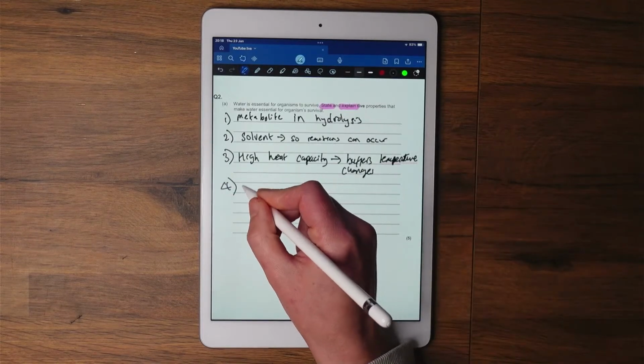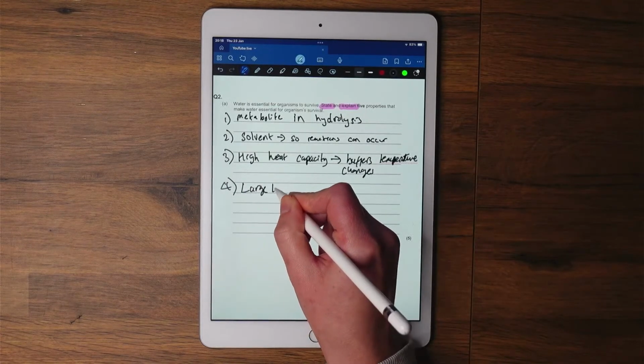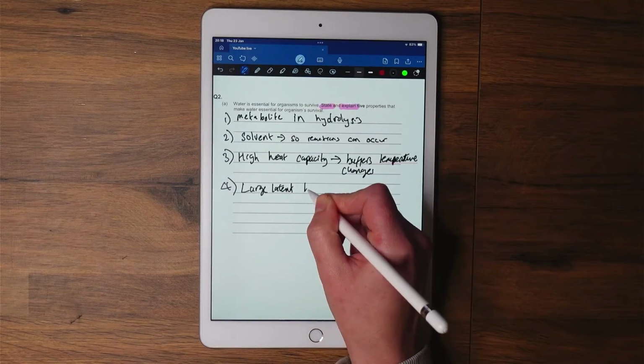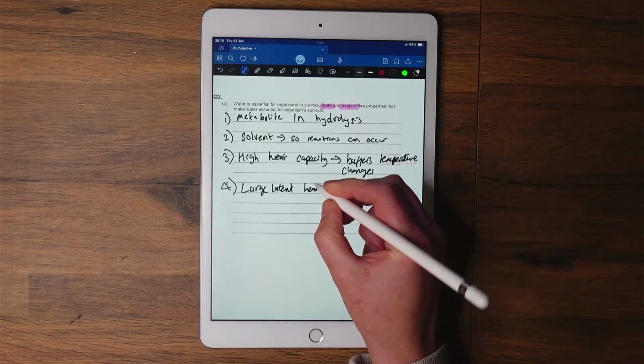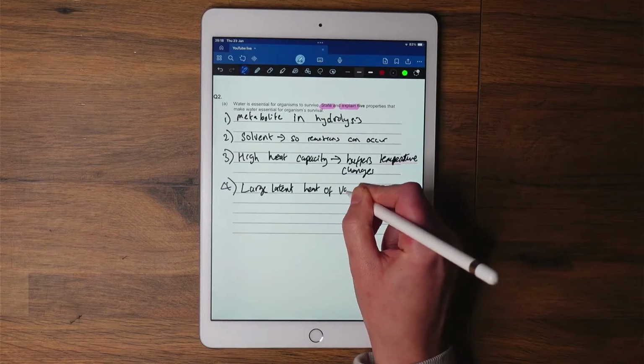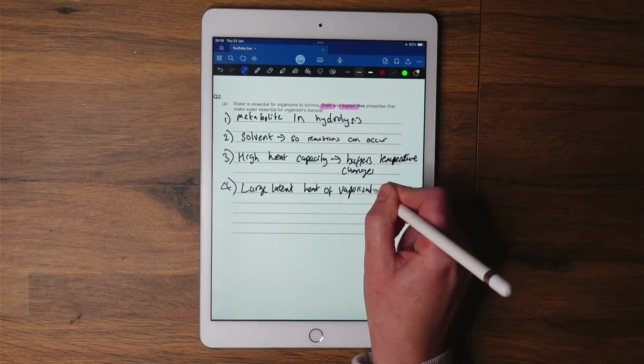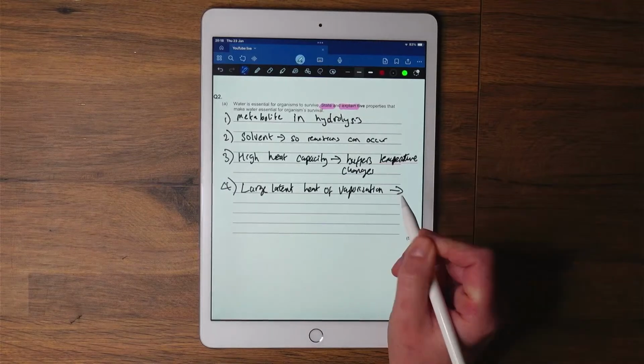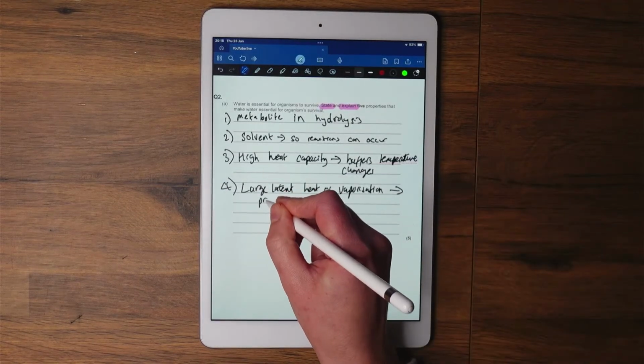Number 4, large latent heat of vaporization. The reason that's important is it provides a cooling effect.